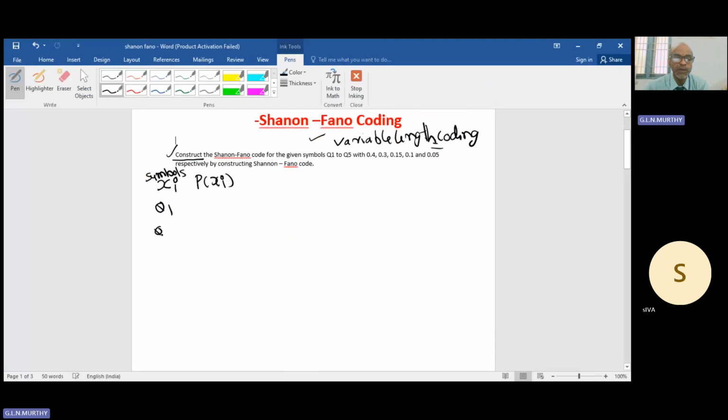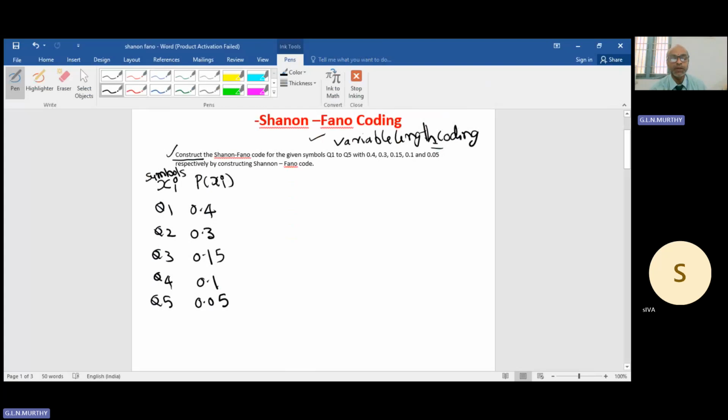Q1, Q2, Q3, Q4, Q5, only 5 symbols. Probabilities given are 0.4, 0.3, 0.15, 0.1, and 0.05. Hope it is understood.